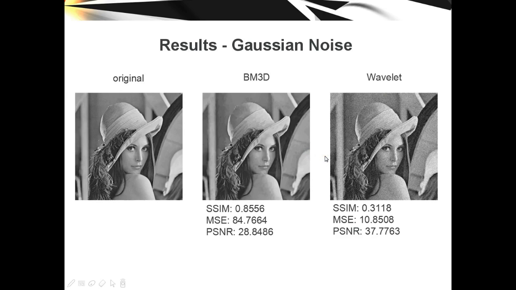Just from inspection, the BM3D filter has the best performance, and we also noticed that its SSIM value is the biggest, which proves that it is the best one, because from the definition of the SSIM, when the value is close to 1, the better the picture is.